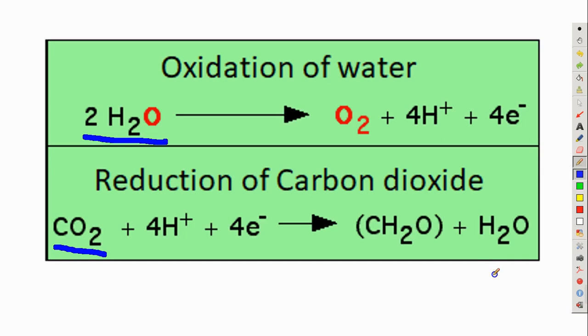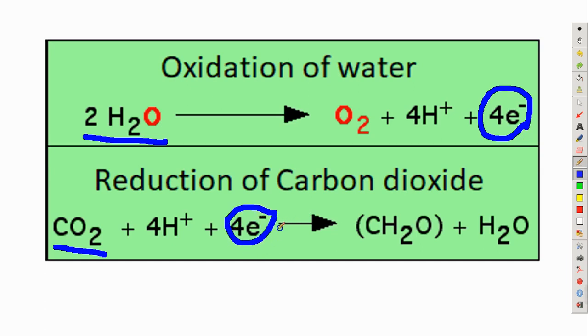So what's interesting is that we've said that in the photosystems electrons are involved. Thanks to Ruben and Kamen's experiments, we can say that we probably have these oxidation and reduction equations. So again, we have electrons here and there.